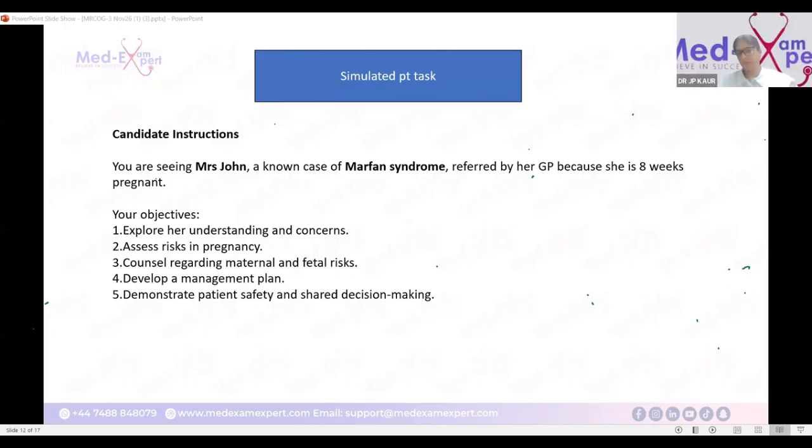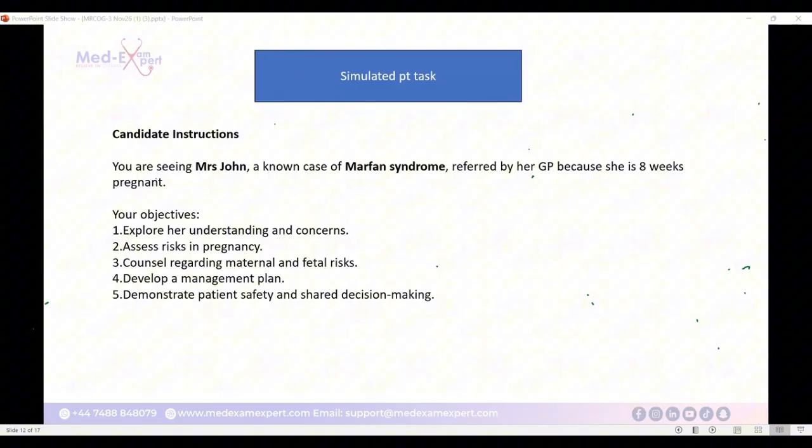Yeah. Okay. So, Mrs. John, I will explain your situation. You have Marfan syndrome. It can affect pregnancy, and pregnancy can affect this syndrome. Mostly the connective tissue is very loose in the body, so it can affect your heart and big vessels.